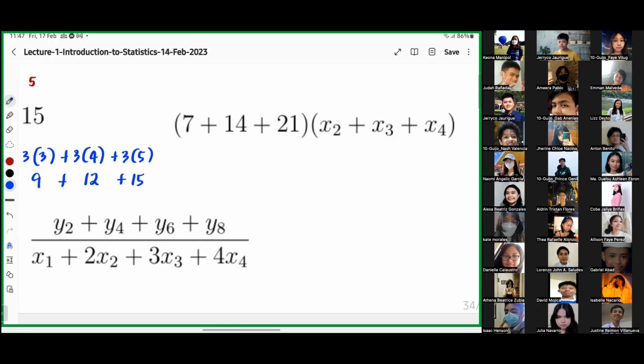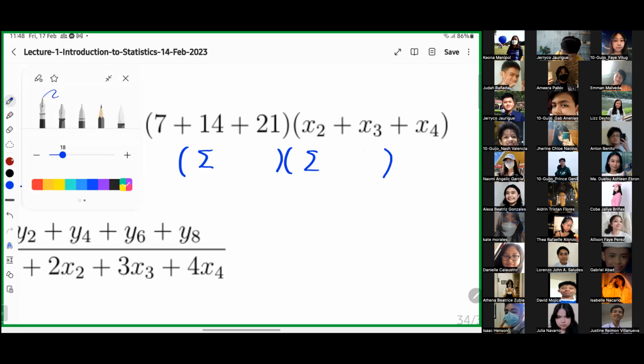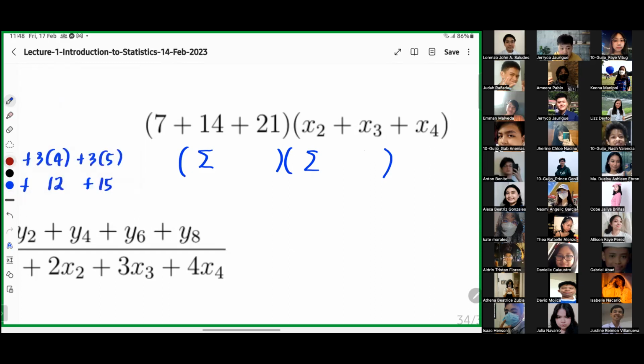So, tapos, since naka-parenthesis to, so it suggests that we have two summation notations. Any idea? Gamitin ulit natin yung F ni Faye.